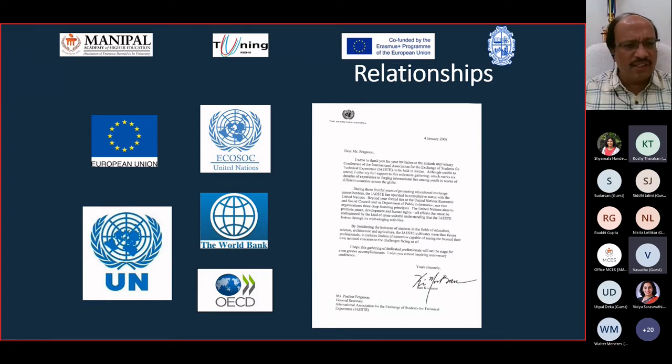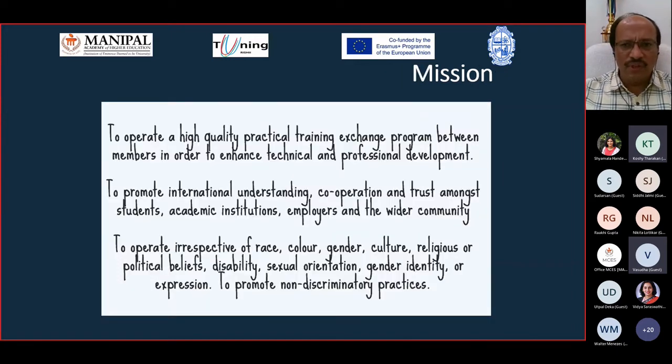And this organization has a relationship with the UN, European Union, and World Bank, United Nations. So several people are recognizing this organization. And the mission is to operate a high quality practical training exchange program between members in order to enhance technical and professional development, to promote international understanding, cooperation, and trust among students, academic institutions, employers, and the wider community.